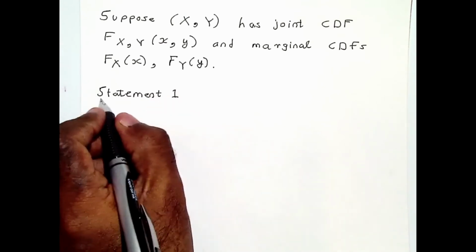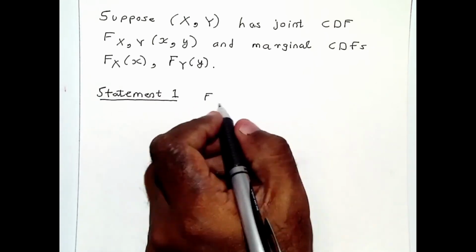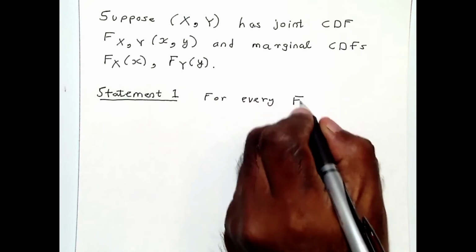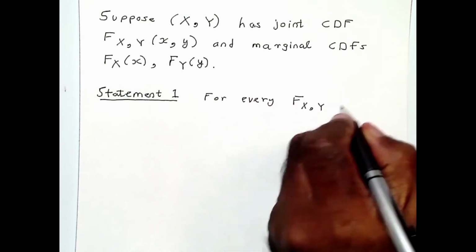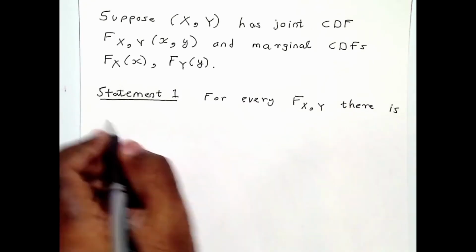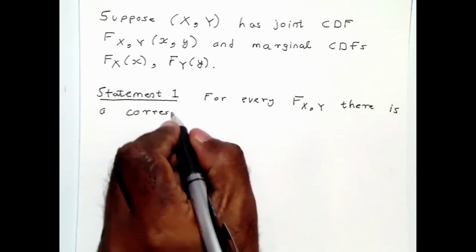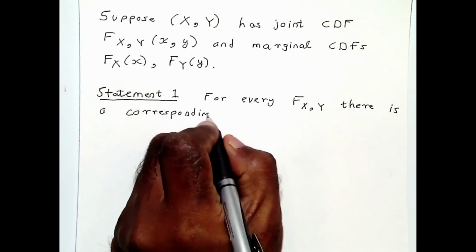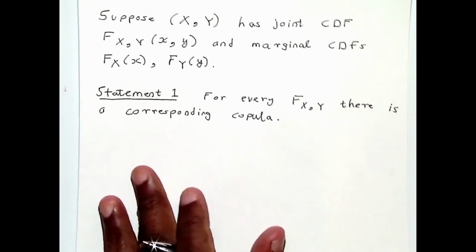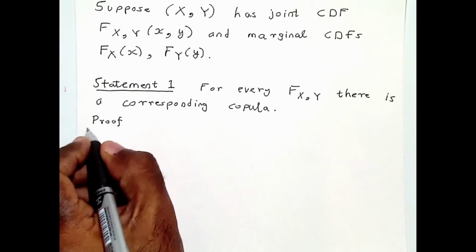Statement 1 is the following, that for every joint CDF, all right, there is a corresponding copula. Right, and I'm going to prove this statement in a sec. So this is the proof.